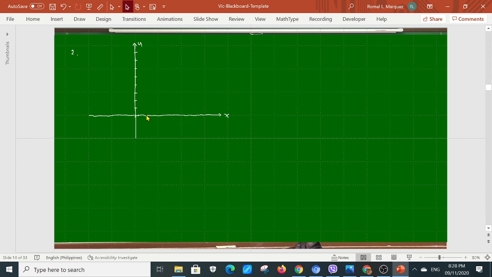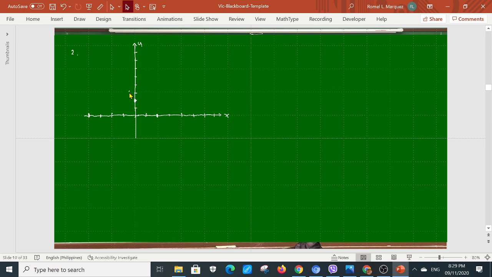Then 1, 2, 3, 4, 5, 6, 7, negative 1, negative 2, negative 3, negative 4. Then I have a point somewhere here.